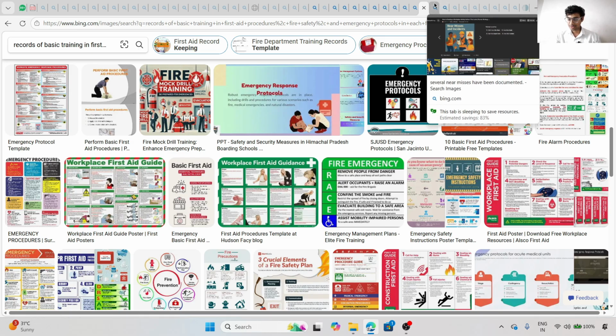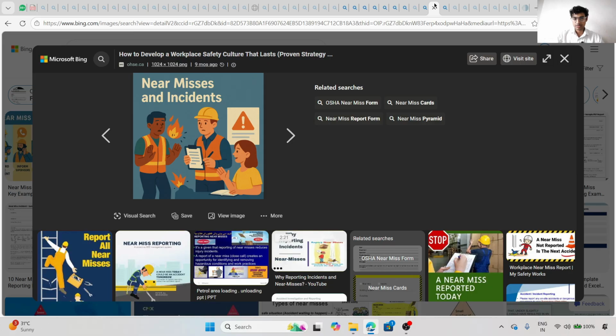When he sees this book, there are no previous incidents recorded, but there are some near misses that are recorded and documented.